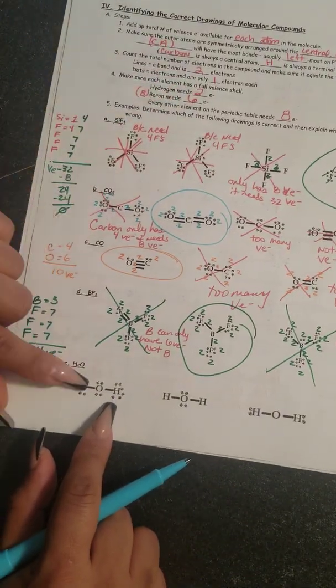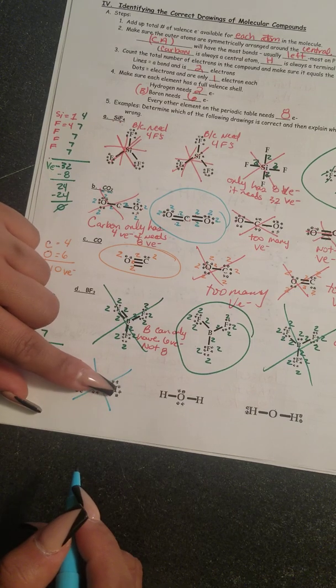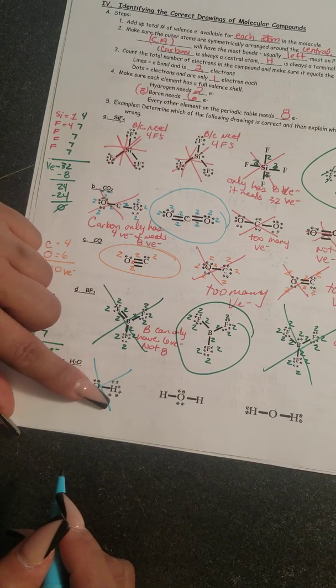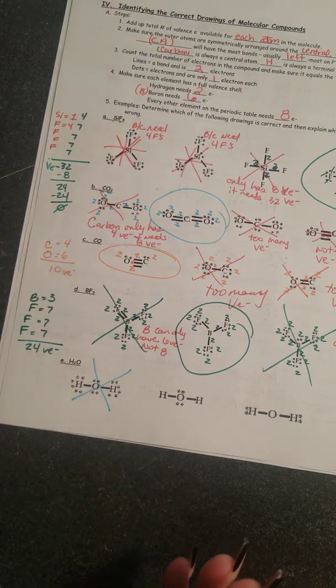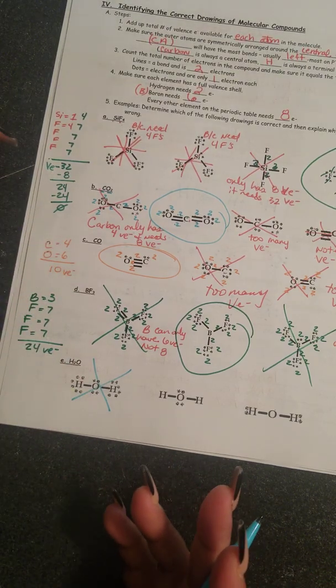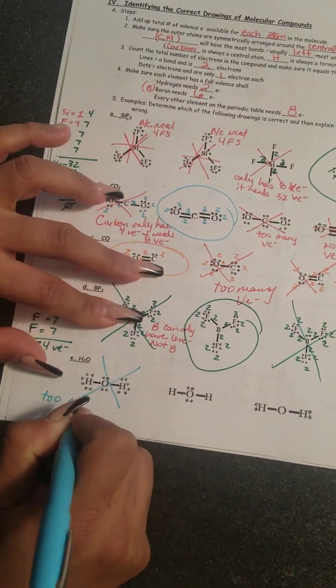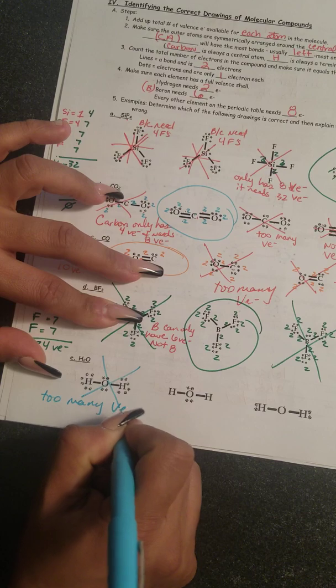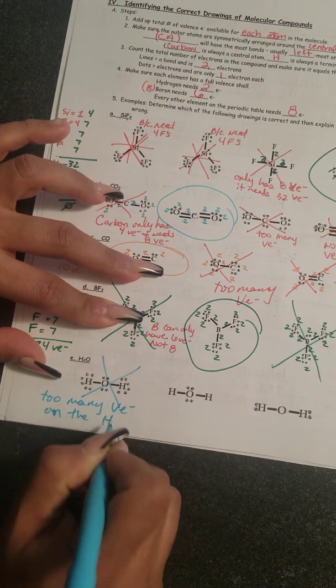So if you look at this, we can already knock this one out. Look at all of those valence electrons on hydrogen. Hydrogen is not big enough to be able to hold and withstand that many valence electrons. So I'm going to go ahead and put right here too many valence electrons on the hydrogen.